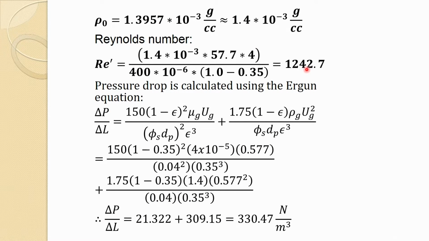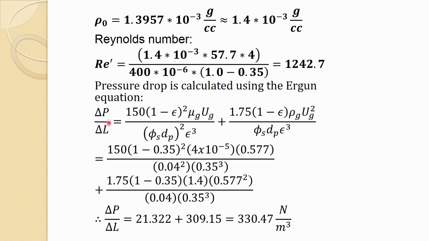Now, we can calculate the pressure drop, that is what actually is required, or the question is asking. The pressure drop, you know, is given by the Ergun equation which we had discussed before, and in the blast furnace example in detail.